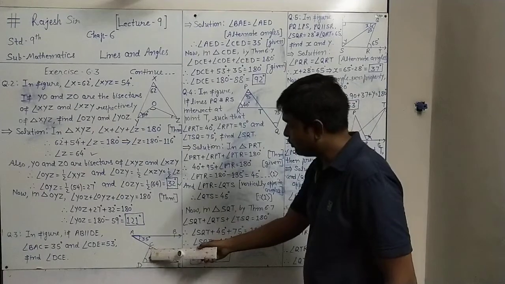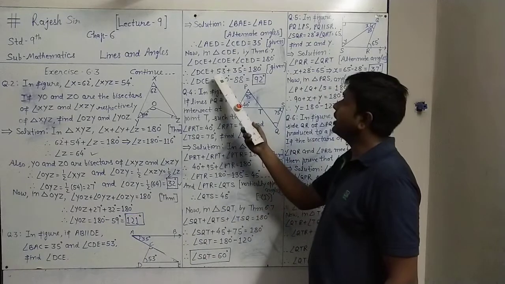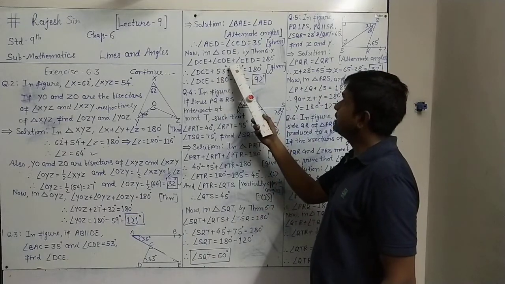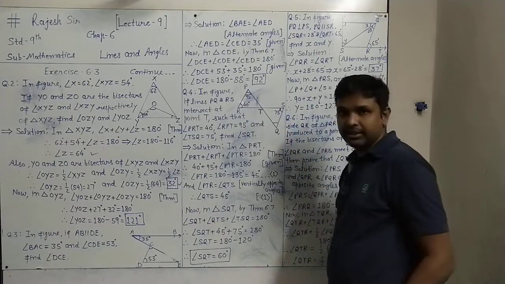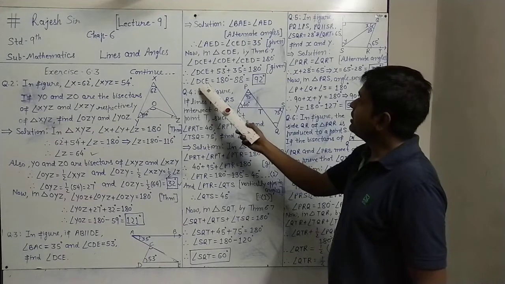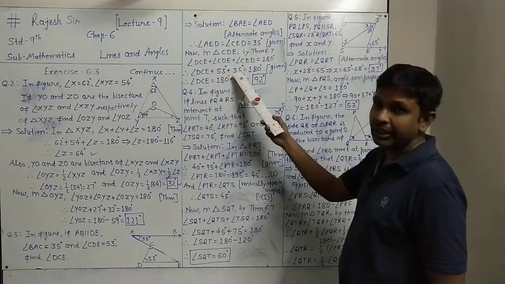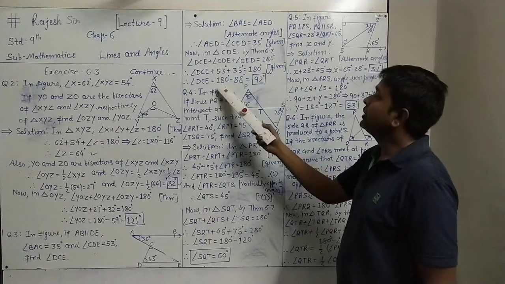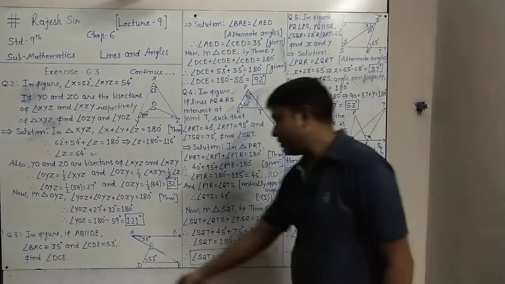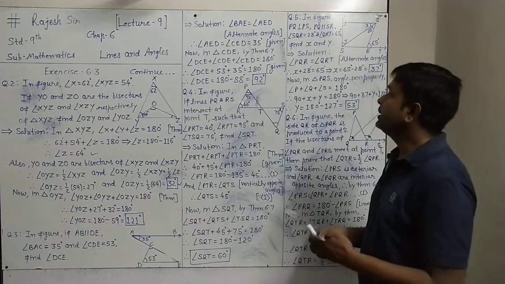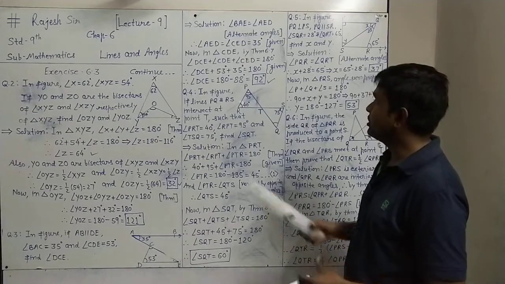Angle DCE we want, CDE is 53 as given, plus CED is 35 as we got, equals 180. So angle DCE equals 180 minus the sum of 53 and 35, which is 88. So 180 minus 88 is 92 degrees. This is the answer of angle DCE, 92 degrees. Next question is question number 4.